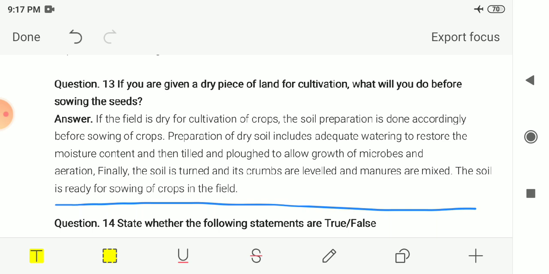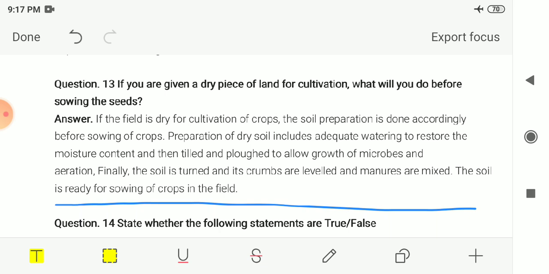And aeration also. Aeration means the circulation of air molecules in the soil. So tilling and ploughing allows this growth of microbes and aeration. And finally the soil is turned and its crumbs are leveled and manure is mixed.